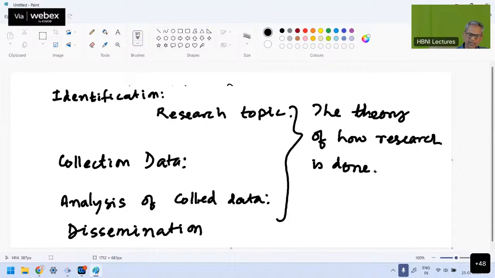Now, this is very important. You must understand the difference between research method and research methodology. Methodology is basically all these steps, and research method is only the technique and the procedures used to obtain data. So we are going to learn research methodology from A to Z.